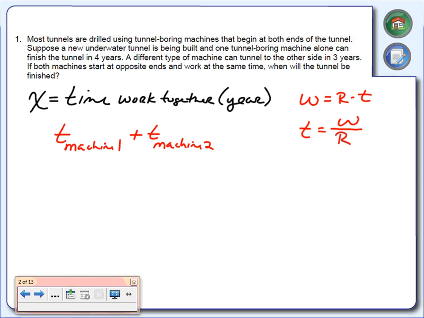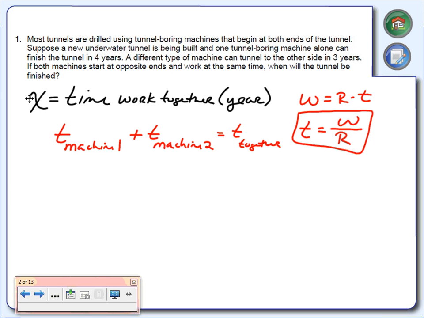Now, if I add those together, what it's going to give me is the time it takes working together. All right, so if I take the time it takes for machine 1 to do it, add it to the time it takes machine 2 to do it, I should get the time it takes working together. Now again, I just told you that time is equal to work divided by rate.